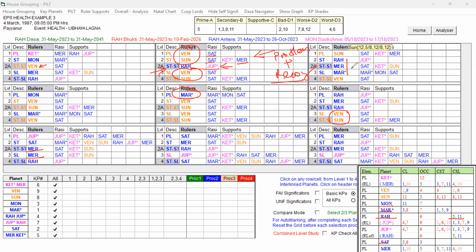This is good. But you can see that the source planet is Sun. Sun is talking about the defect, and star level Rahu is talking about the recovery. So it means that definitely these defects are getting recovered automatically by way of treatment or some sort of medication, so that the Lagna will not face such a problem.